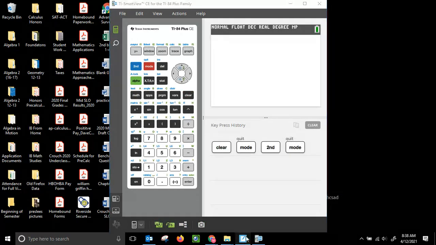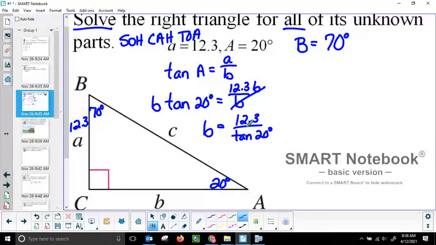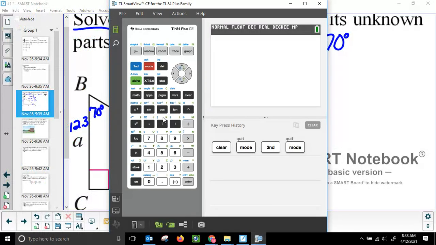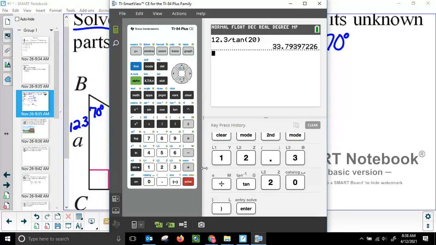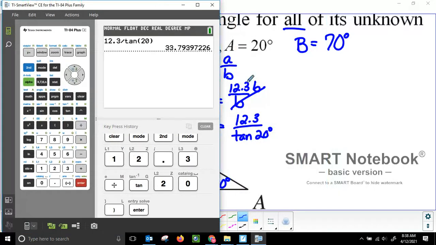Here we said we wanted 12.3 divided by the tangent of 20 degrees. And boom, 33.794 if we round.